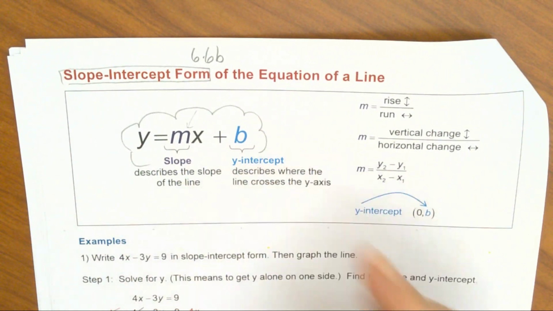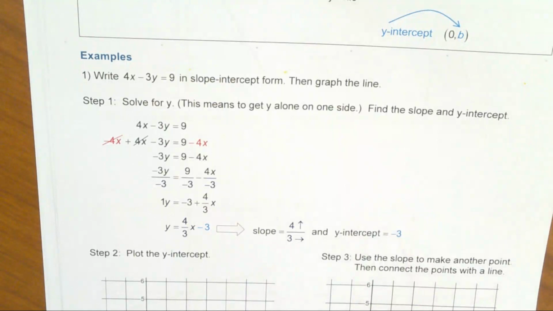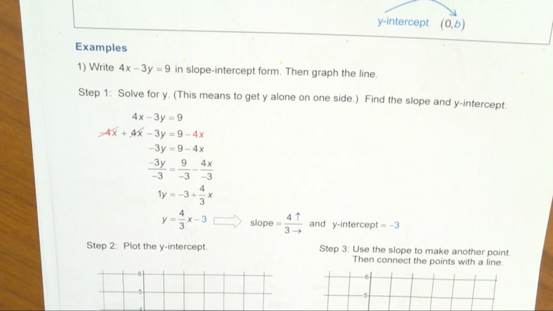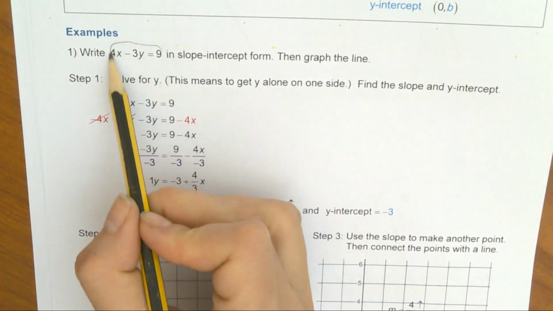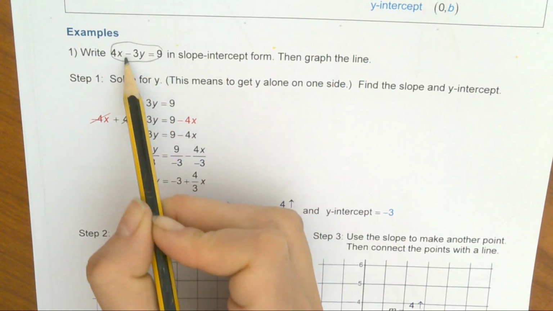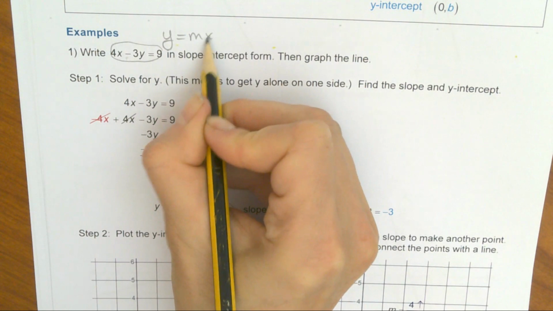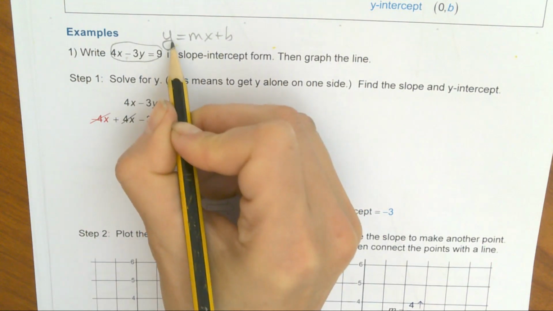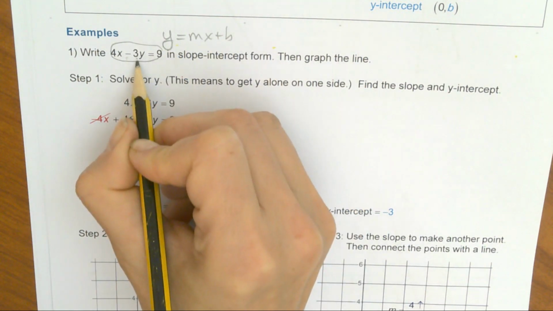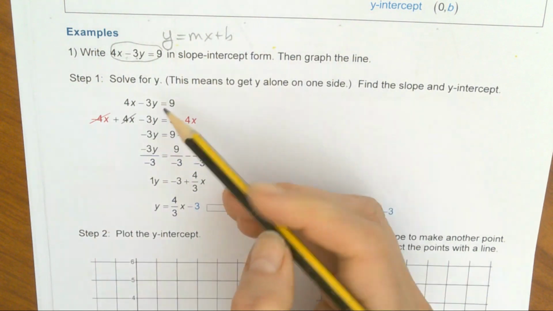Okay, so how do we graph something using this form? If we're given an equation, is this in slope-intercept form? It has to be y equals mx plus b. It has to be y alone. That is not y alone. So you have to solve for y.